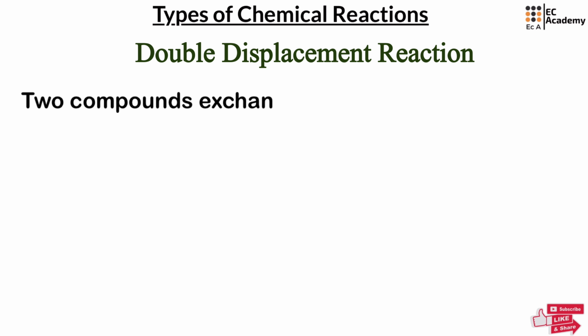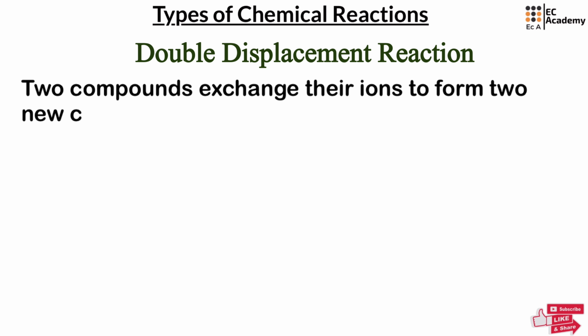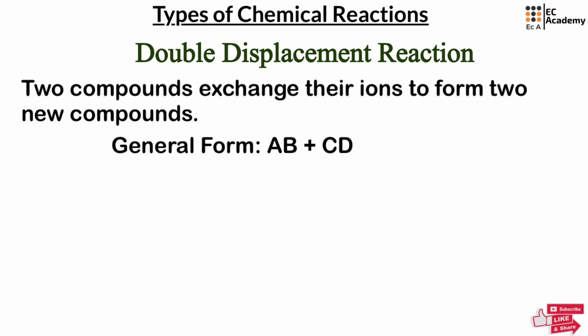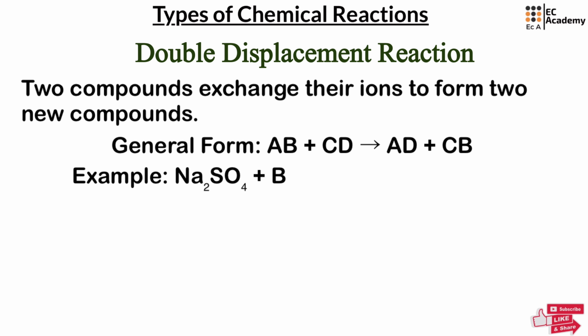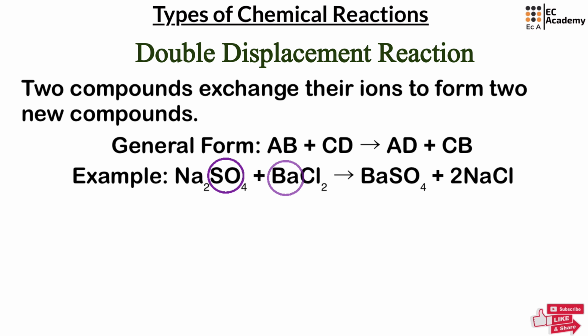When both compounds exchange their partners, it is known as a double displacement reaction. The general form is AB plus CD will produce AD plus CB. Here, both compounds exchange ions. For example, sodium sulfate and barium chloride react, and barium joins sulfate, sodium joins chloride.